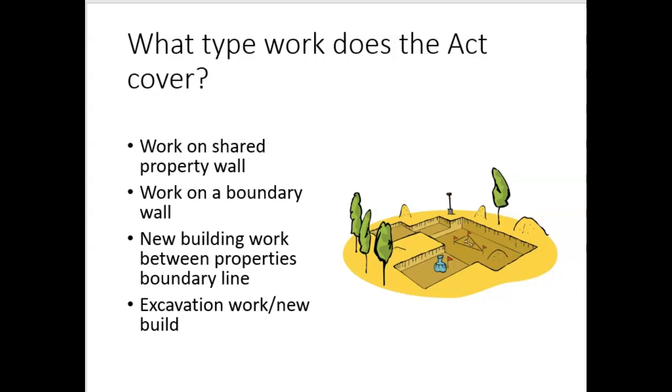Now, I'll go through each of these in detail, okay? But basically, first thing you need to do is establish if it is a party wall under the Act, and then you need to follow the procedure.